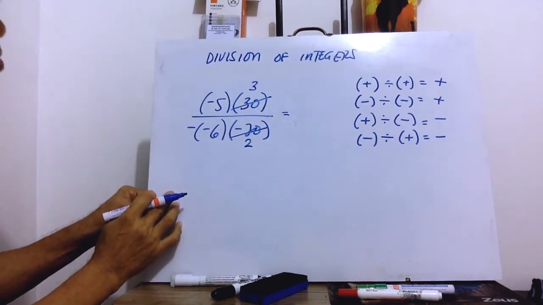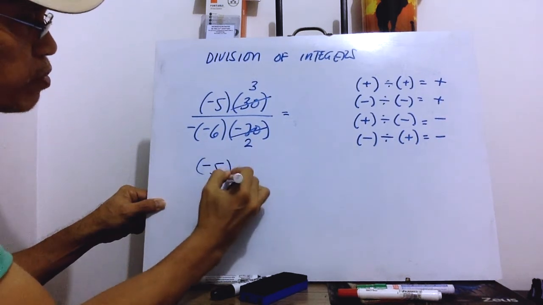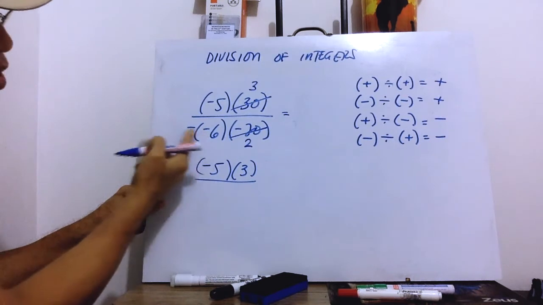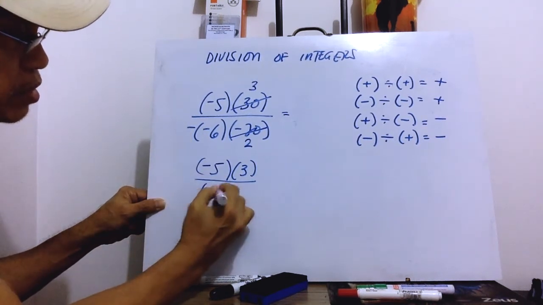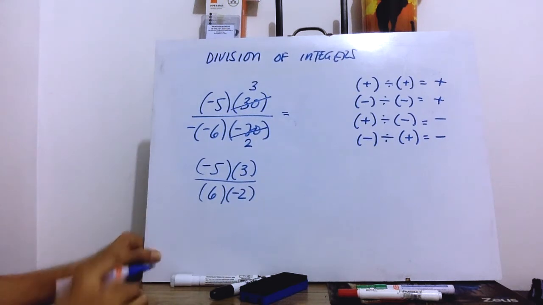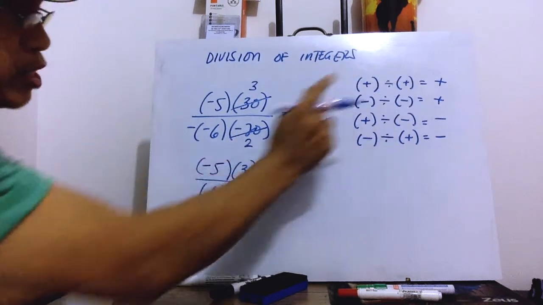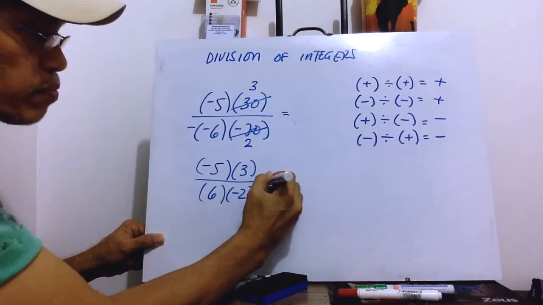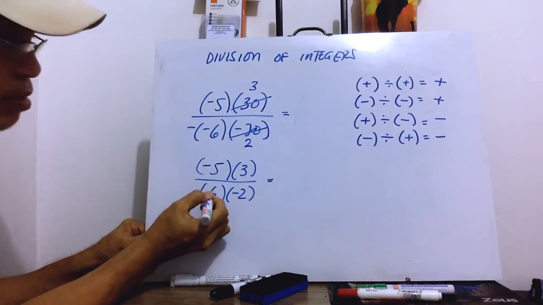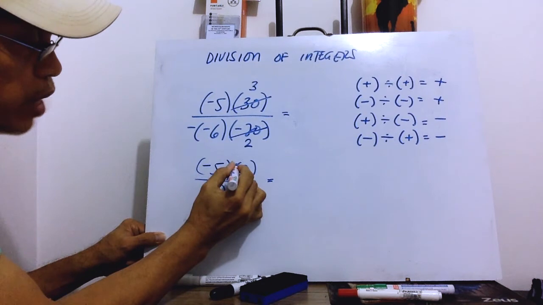All right? So it becomes -5 times 3. Okay, let's make it positive. 6 and -2. All right? Look at this. Negative over negative is positive. So the whole thing is positive. Okay? I can simplify this and this. Do cancellation first when you simplify. Okay, I can divide this by 3.